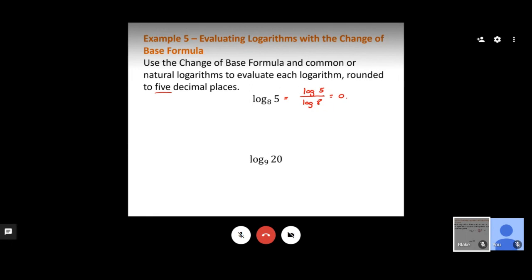Just for the sake of time, because we've only got like a minute left, I'm going to say this is 0.77398 if we put that into the calculator.